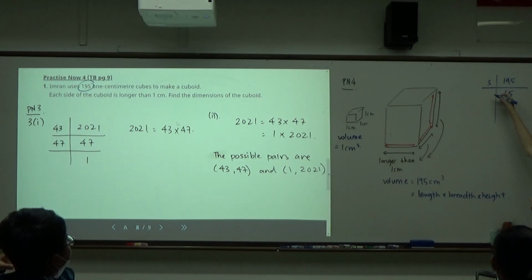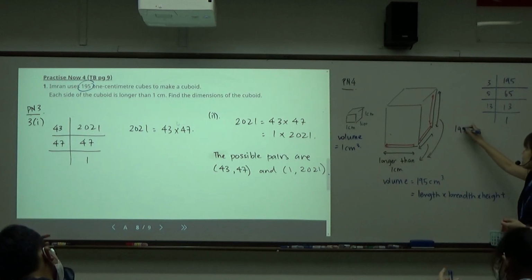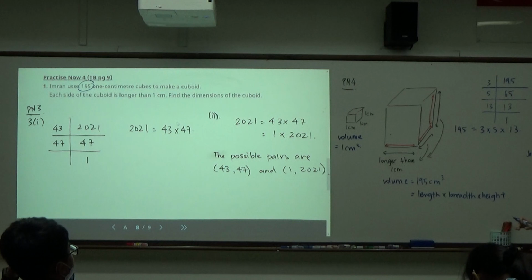Then I divide by 5. I'll get 13. And then 13 divided by 13 is 1. So what this tells me is that 195 can only be comprised of 3 times 5 times 13. And coincidentally, these numbers cannot be further broken down.